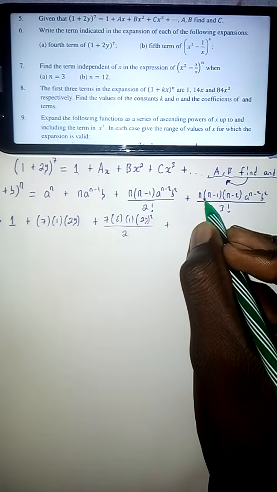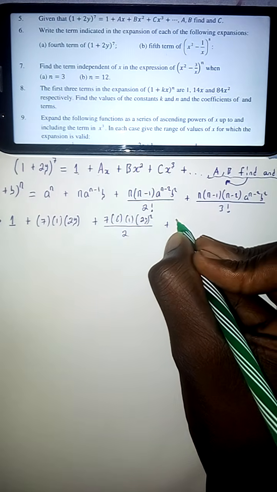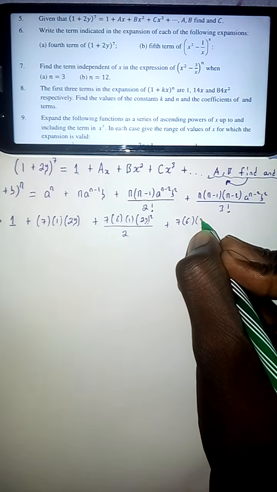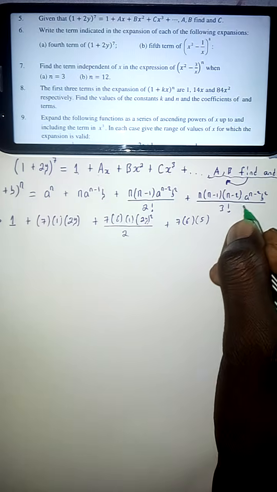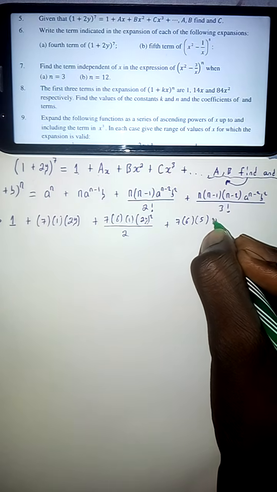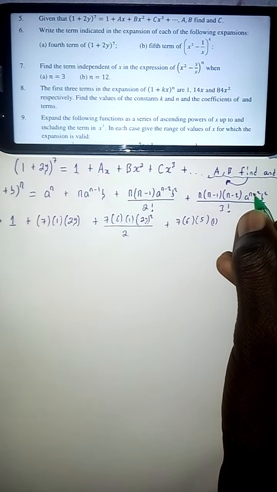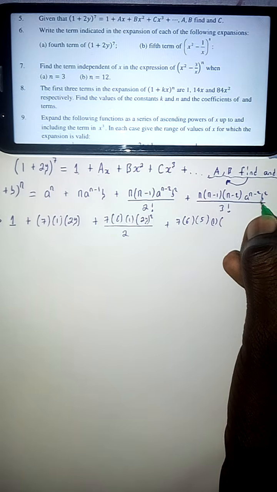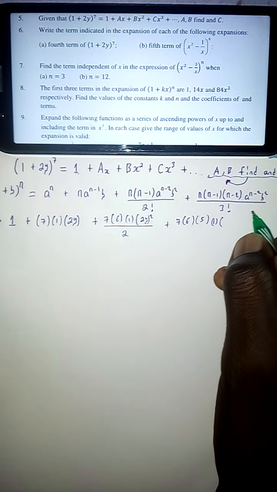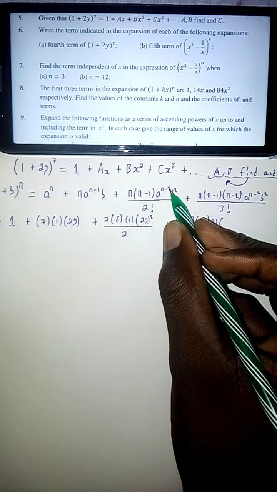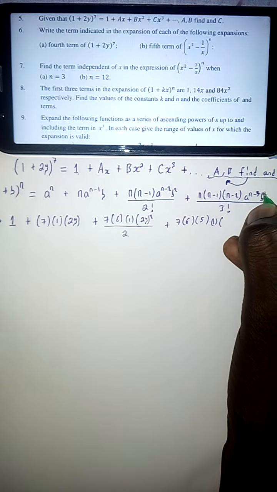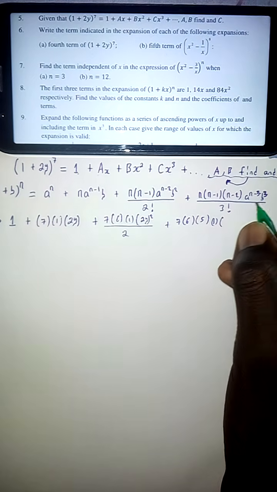Plus 7. 7 minus 1 is 6. 7 minus 2 is 5. A is 1, raised to the power 7 minus 2, 5, still 1. So this is raised to the power 2, yes, so this is raised to the power 3, still 1.